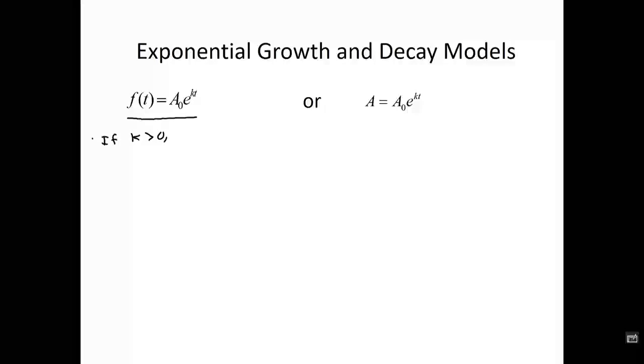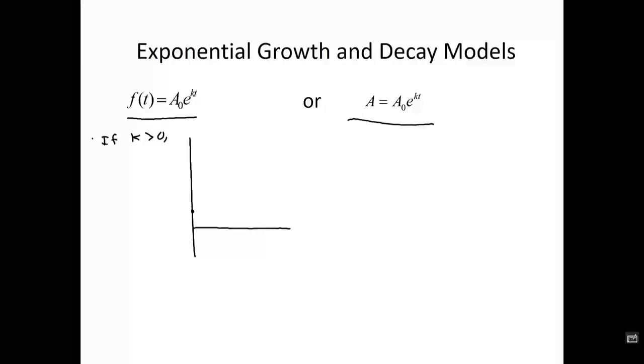Let me just first identify. k is the constant representing the growth rate. A represents the amount at a given time t.